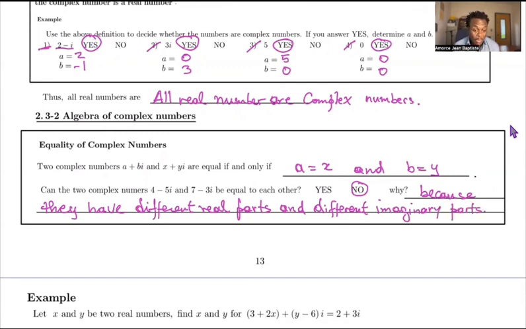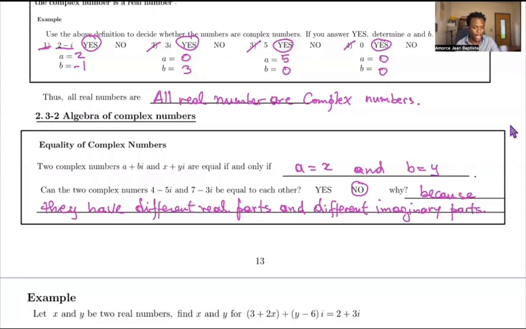But even if they had one that was not different, say, the imaginary parts are the same and the real parts are different, they're still not equal. You need to have both the imaginary parts and the real parts the same in order for two complex numbers to be equal.